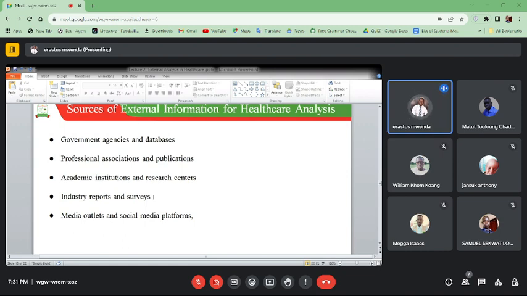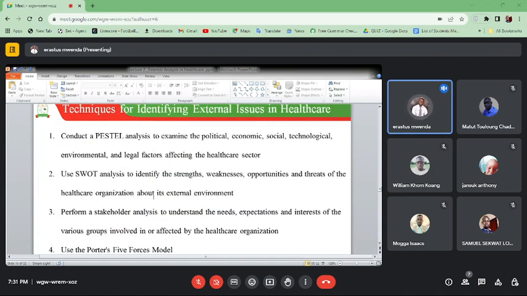And finally, we can also get information from media outlets. Maybe the media has gone into the field and seen the prevalence of a particular disease. From that report, we can develop and provide solutions to that particular community. And also, there's the aspect of social media platforms that I've just mentioned.